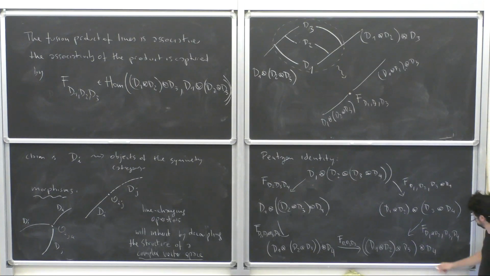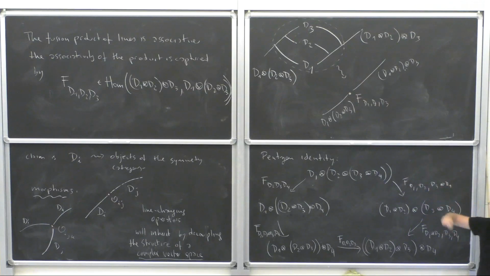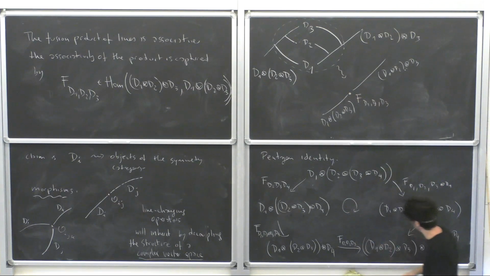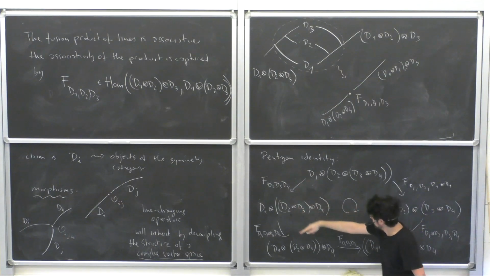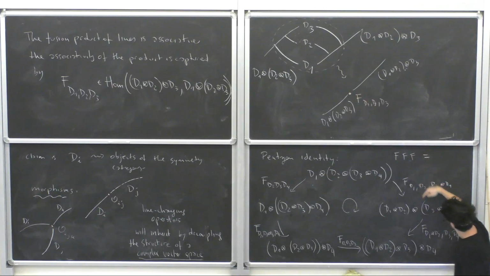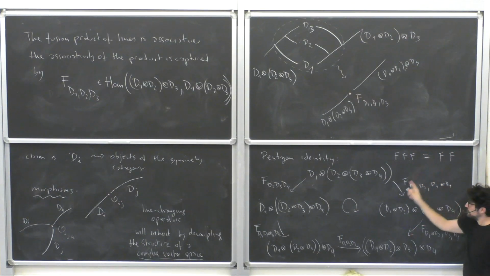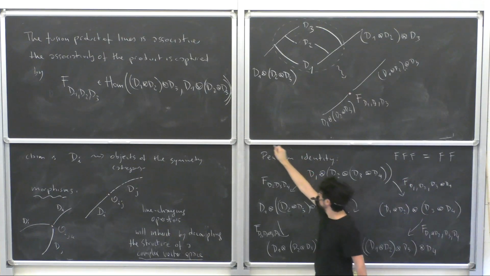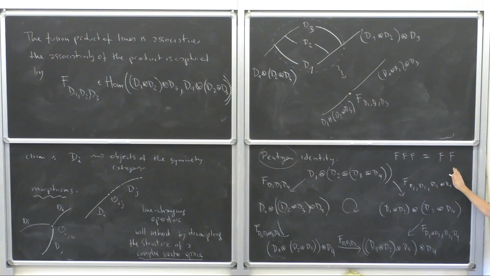And you see, since all these manipulations are topological, they just correspond to inserting these topological interfaces, this diagram has to be commutative by construction. And this gives a relation where we have 3 F symbols and 2 F symbols that come together and have to give rise to a consistent composition. So this is why this is called the pentagon identity, because it is an identity that involves 5 F symbols. Okay.